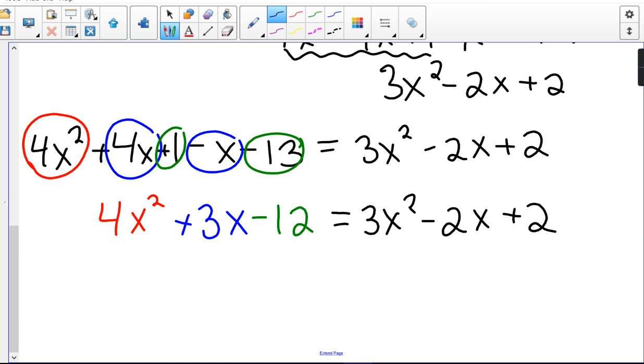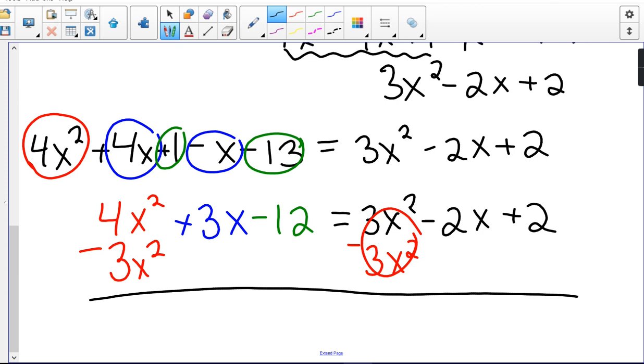Instead of having x squared on two sides, I just want x squared in one place. Instead of having x on two sides, I want x in one place. So how would I do that? Well, I'm going to subtract 3x squared to get 0. So I'll subtract 3x squared from 4x squared, and that'll give me 4x squared minus 3x squared is just 1x squared.